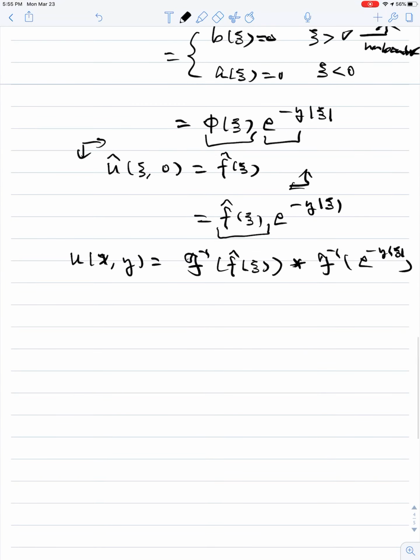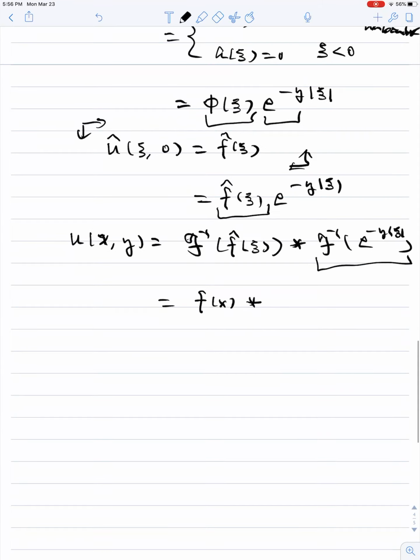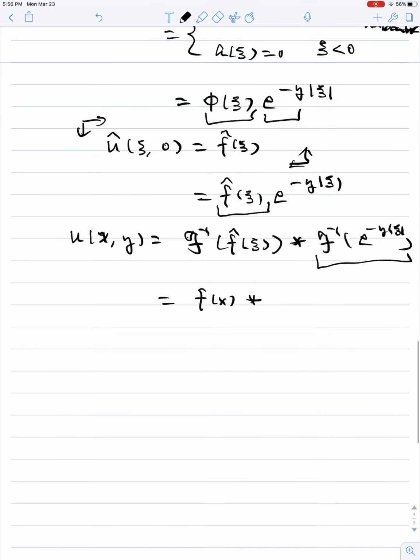Now it follows from an exercise, and it is also in the table I gave previously, that the inverse Fourier transform of this function is y over π(x squared plus y squared).